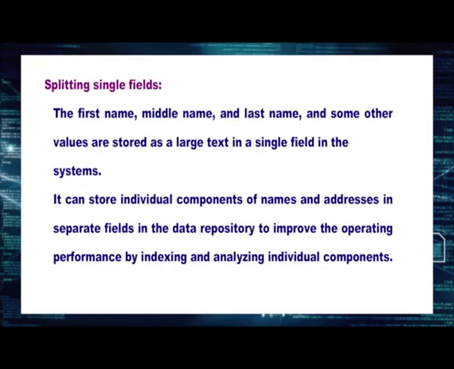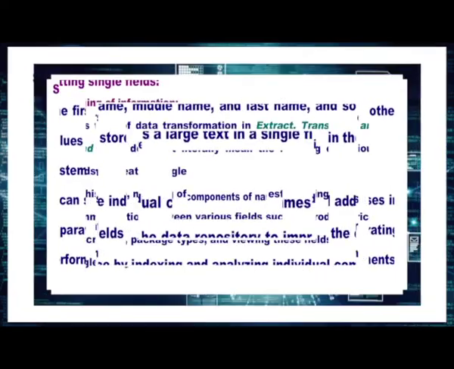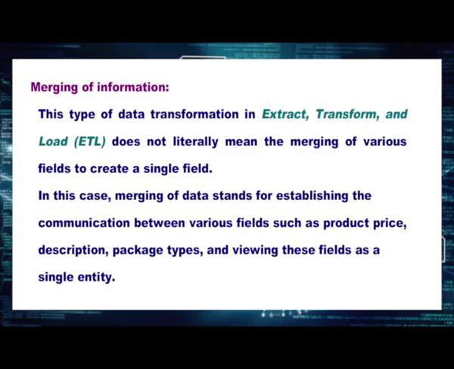Splitting single fields. The first name, middle name and last name and some other values are stored as a large text in a single field in the systems. It can store individual components of names and addresses in separate fields in the data repository to improve the operating performance by indexing and analyzing individual components. Merging the information.